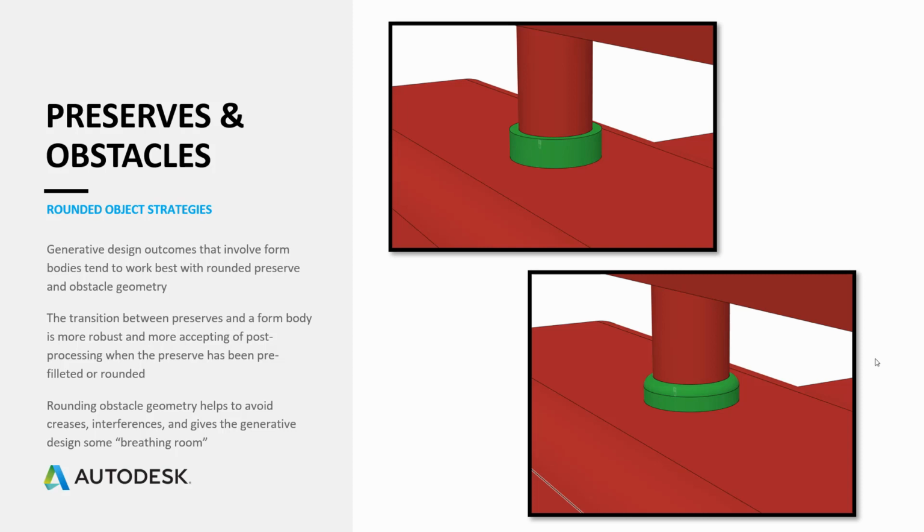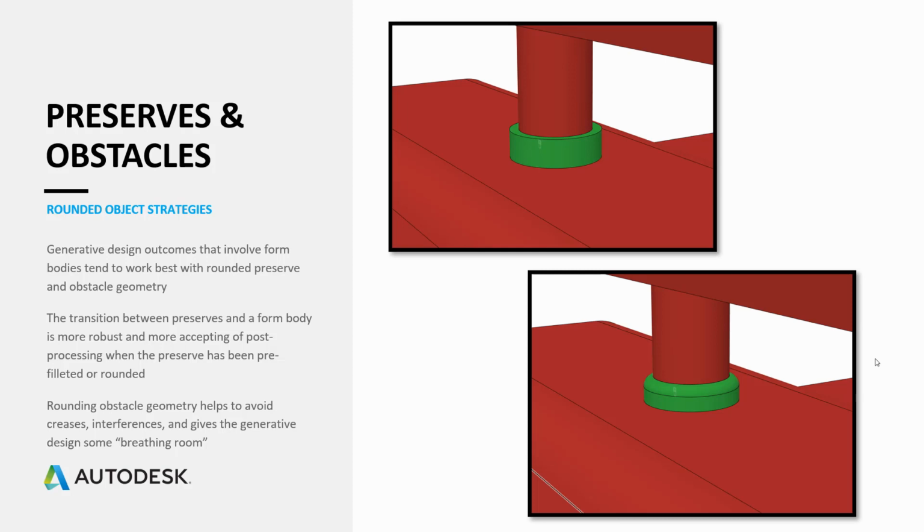But I've found that at least if you're using the form-based generative outcomes like casting, the additive outcomes, unrestricted, or the CNC 5-axis milling outcomes, you get a very organic generative form shape, and I think it is helpful to have rounded corners on many of your preserved geometries.